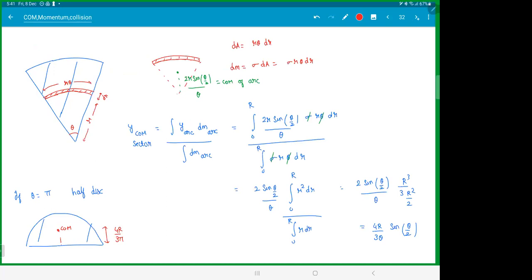Do check out this integration. Clear? Check out how I did this.